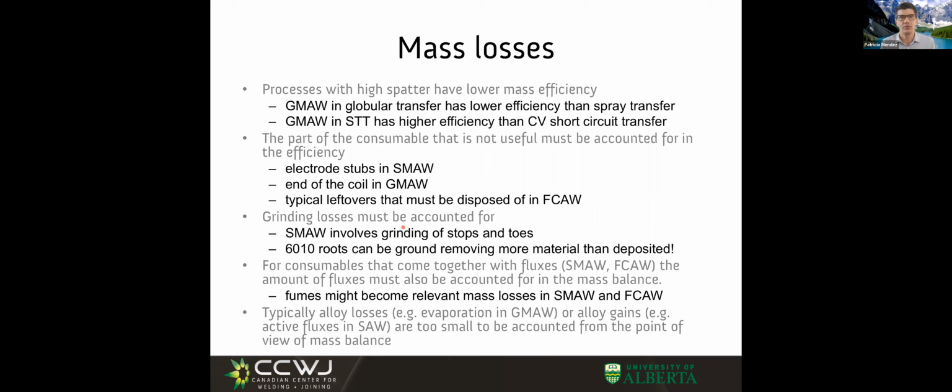I think that number is way too high. I have not verified it with our own calculations, right? But just to know that not only do we lose material in spatter and in slags, but we also lose material when it flies away in the form of metal vapors.